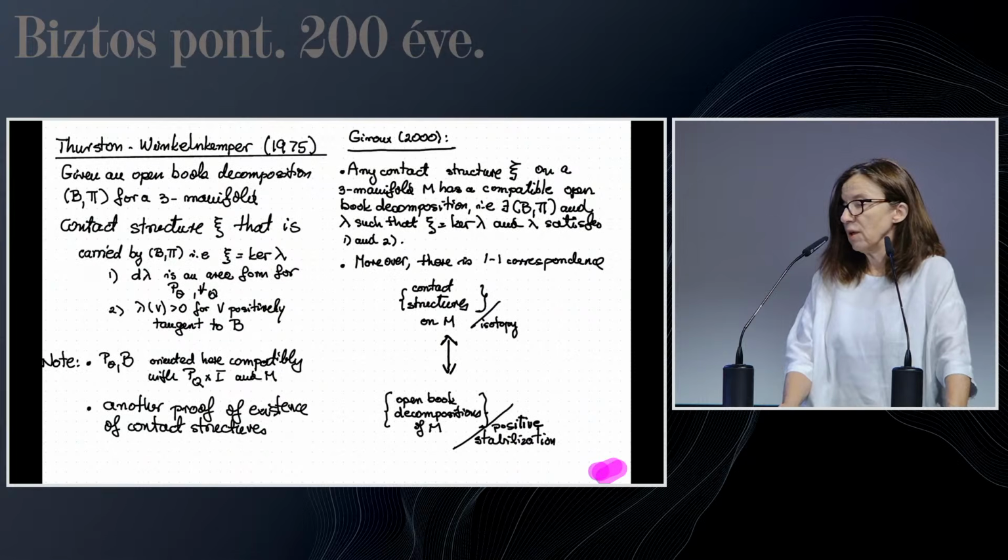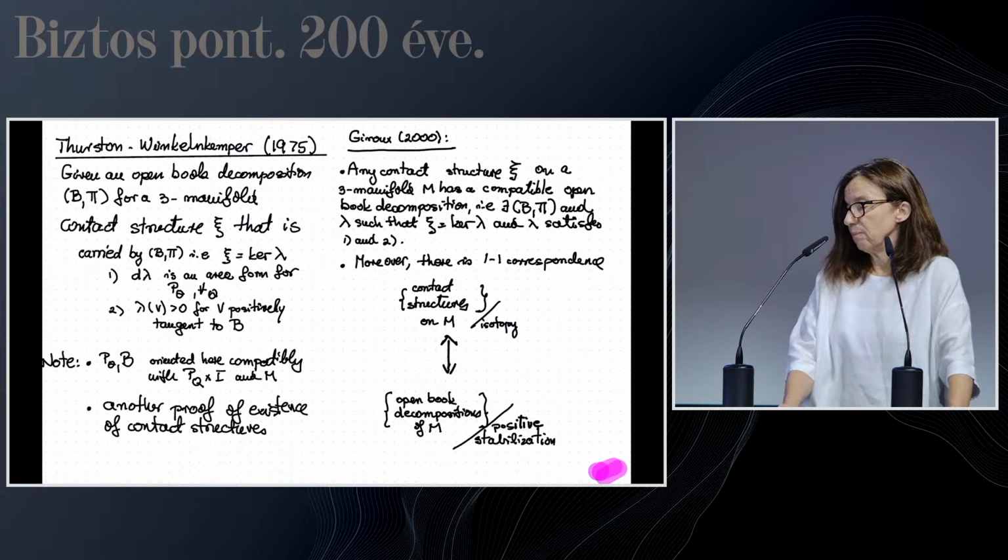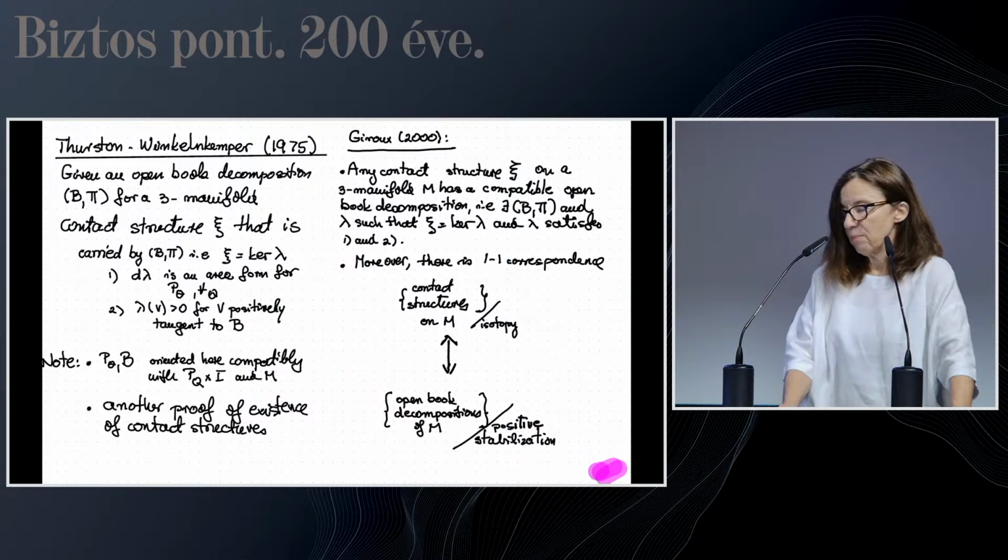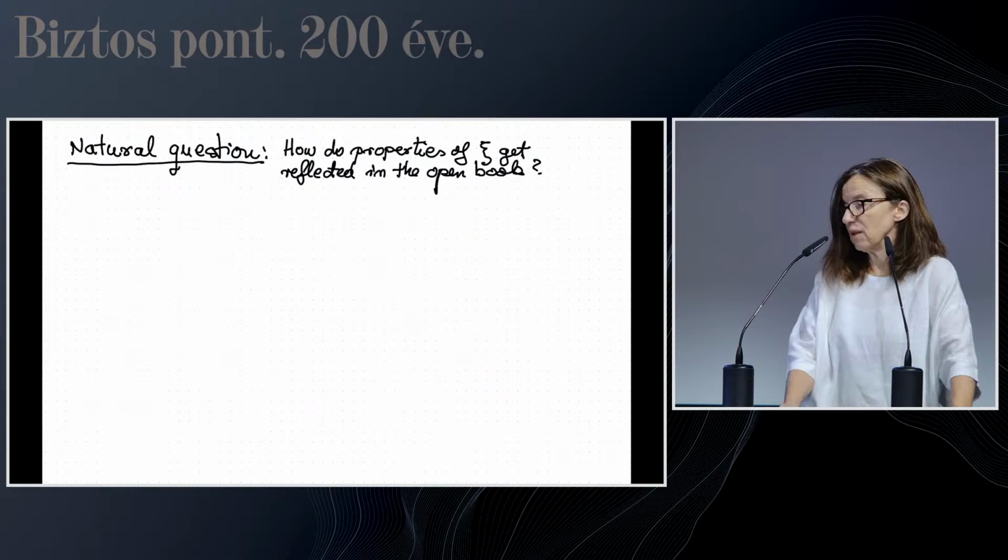And moreover, there is a one-to-one correspondence between contact structures on M, modulo isotopy of contact structures, and open book decompositions on M, modulo positive stabilizations. Positive stabilization is basically taking an open book and adding to it, increasing the number of boundary components and putting in an extra positive Dehn twist.